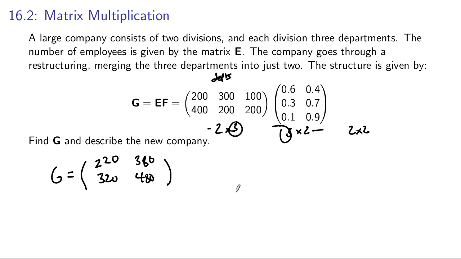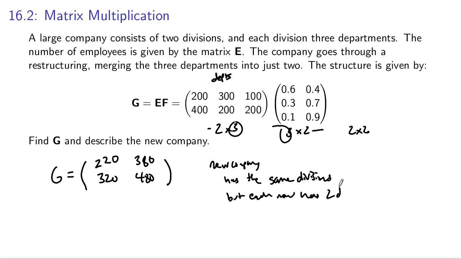So this shows us that the new company has the same divisions, but each now has 2 departments with a mix of the people from each of the old departments.